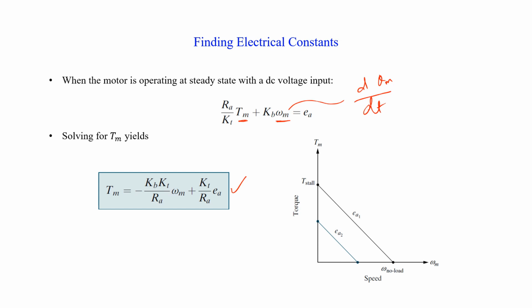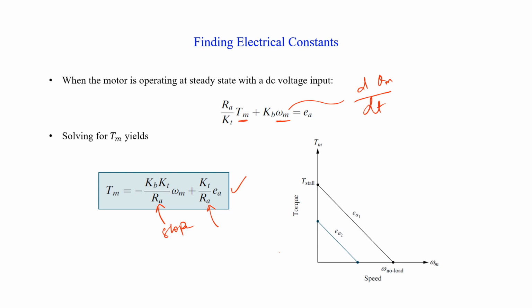If we look at this equation closely, this is an equation of a line. If you remember the y equals mx plus c form, then this is the m, the slope of this line, and this is c, the y-axis intercept of this line.